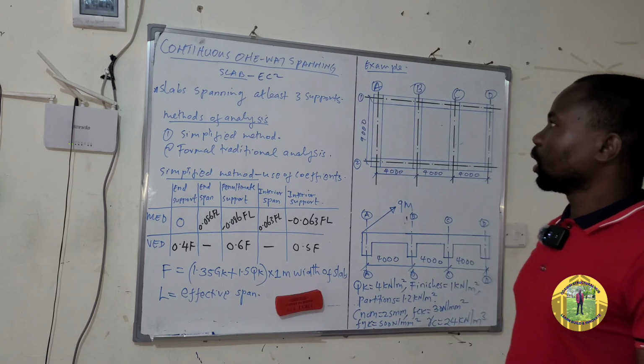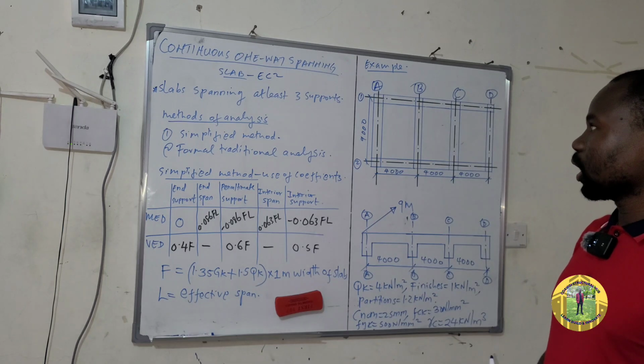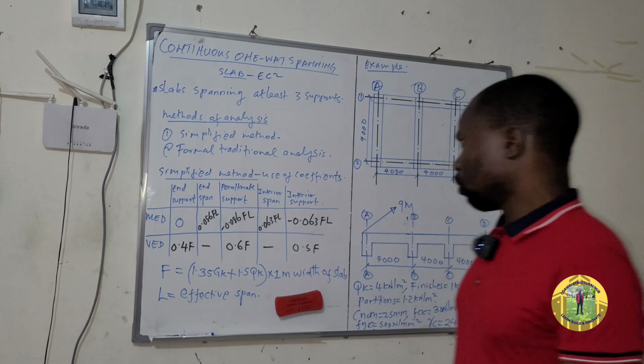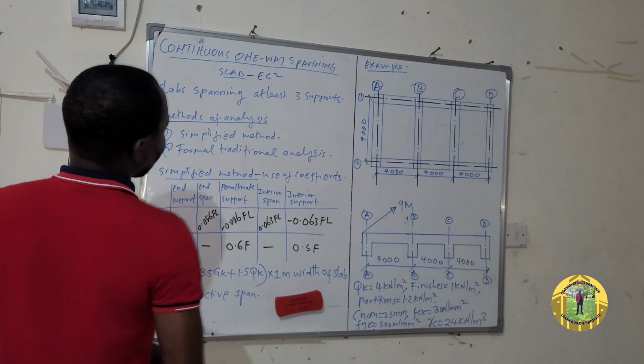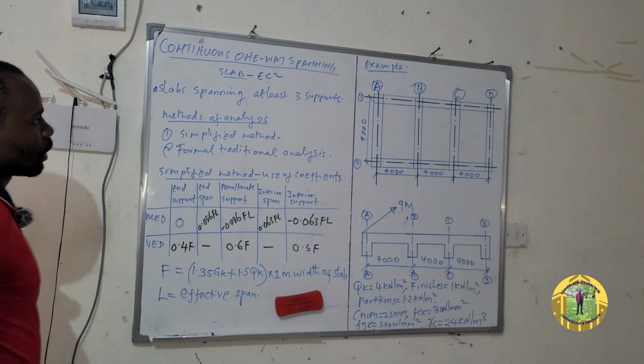So we go back to our topic of today. Continuous one-way spanning slab to Eurocode 2. So when you hear this word continuous, what comes into your mind? For a continuous one-way spanning slab, these are slabs spanning at least 3 supports.